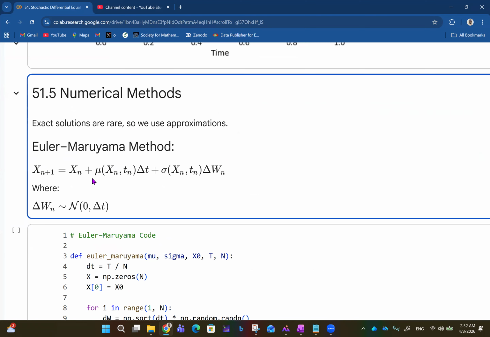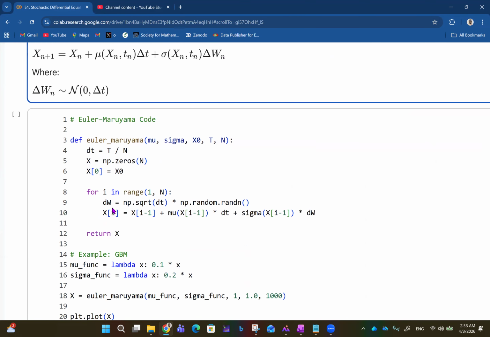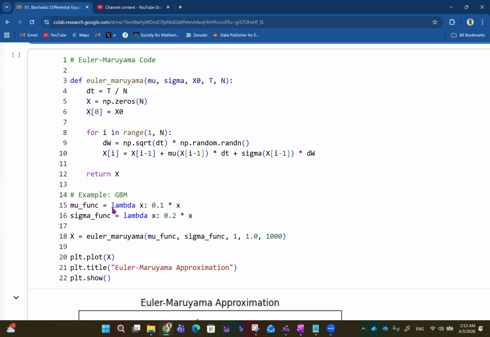So x_{n+1} is x_n plus mu(x_n, t_n) dt plus sigma(x_n, t_n) delta W_n, where the change in W_n is normally distributed with mean zero and variance equal to the change in time, right? So that can be simulated this way.